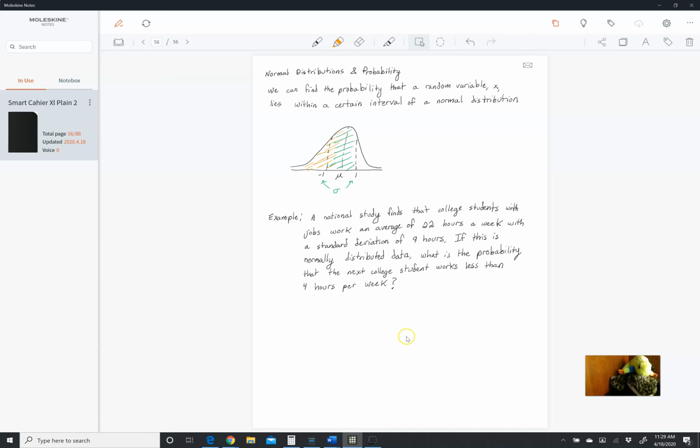Our question: what's the probability that the next college student works less than 4 hours per week? So remember what X is. We're going to define this for this one, we don't have to define it for all of them. X is the number of hours per week a college student with a job works.